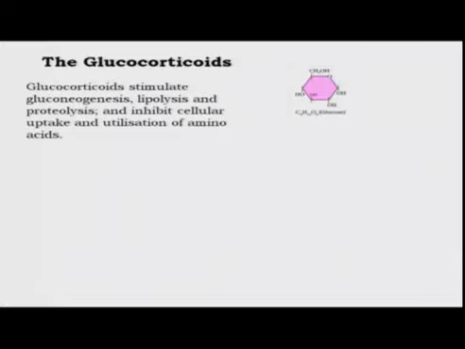The glucocorticoids stimulate many metabolic processes, predictably those that lead to production of energy. For example, what is this? Gluconeogenesis. What does this term mean? Now, glucose is required for quick production of energy.